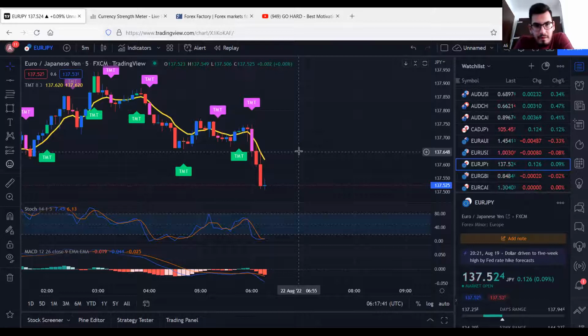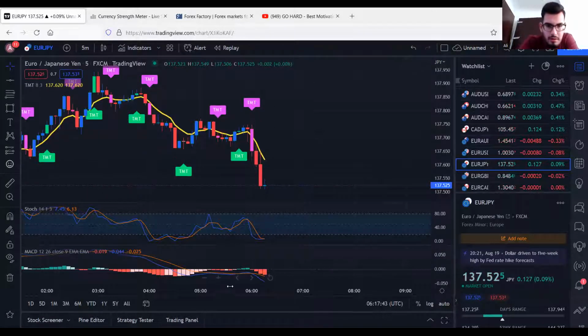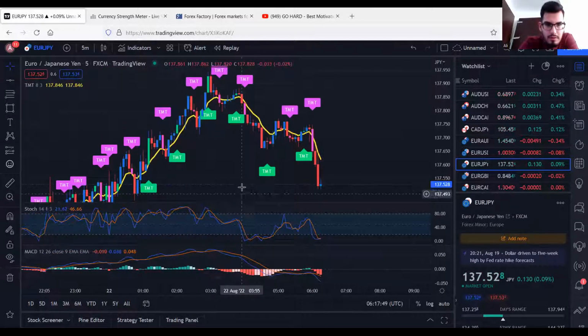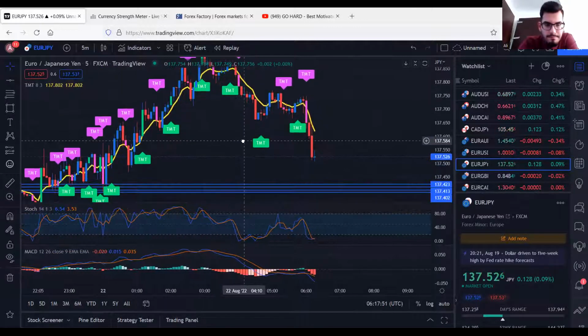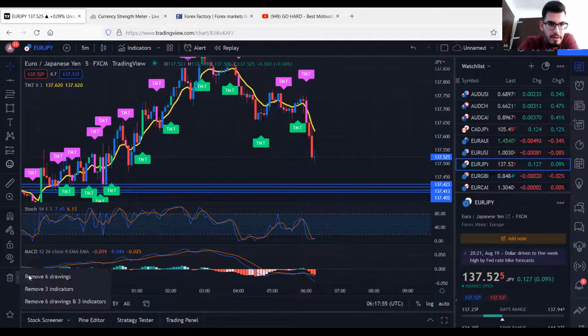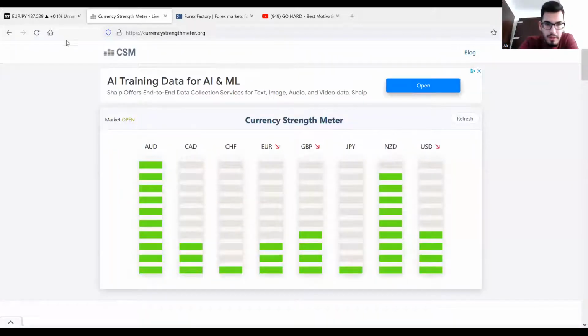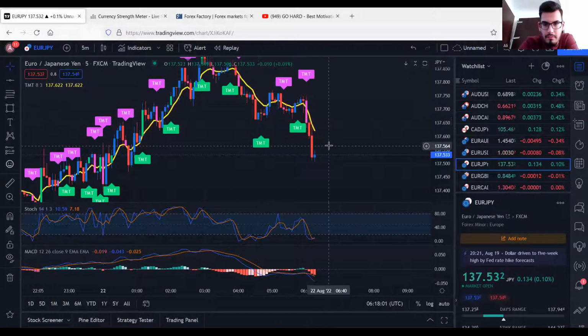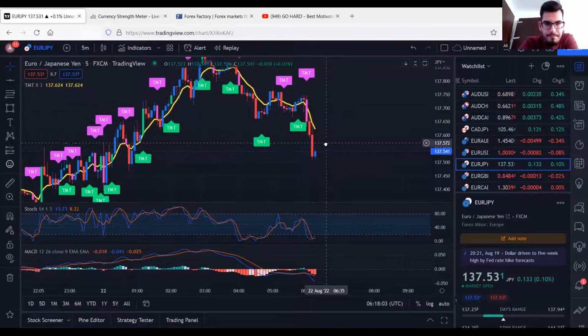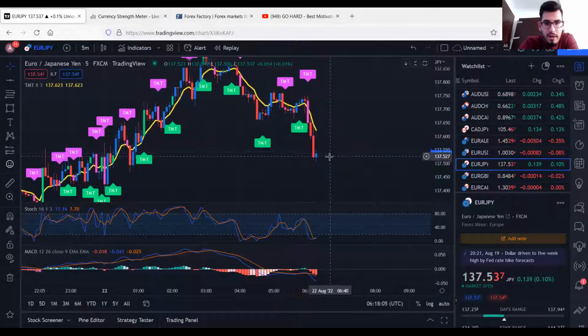The markets seem to be a bit bearish right now at the moment. Let me just remove my drawings so it doesn't confuse you guys. As we know, Euro JPY is bullish, so we'd like to enter buy positions. We might have missed out this opportunity as well right now.